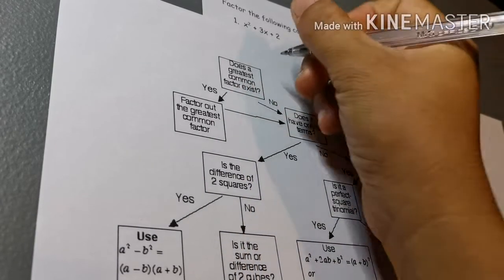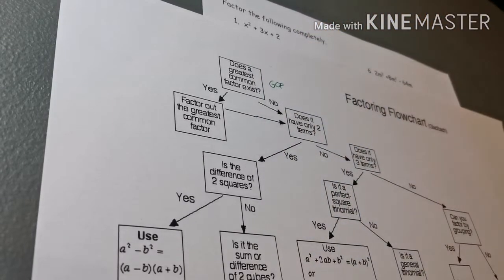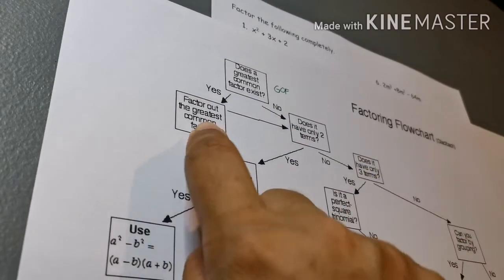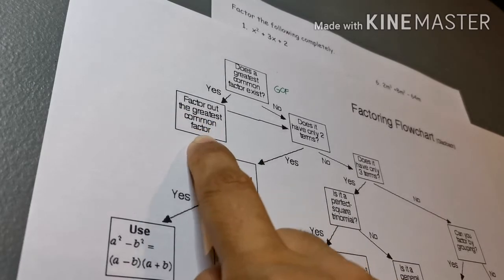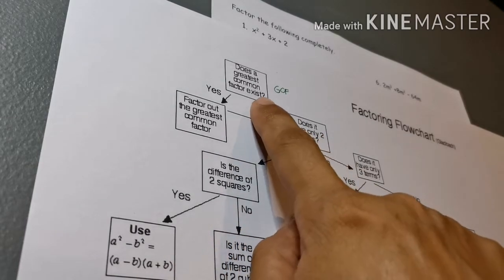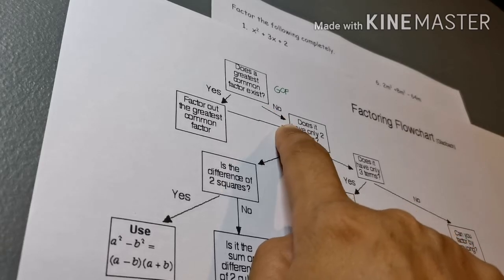Or that is, do we have a GCF? If the answer is yes, then the next step is to factor out the greatest common factor. If the answer is no, you just follow the arrow.